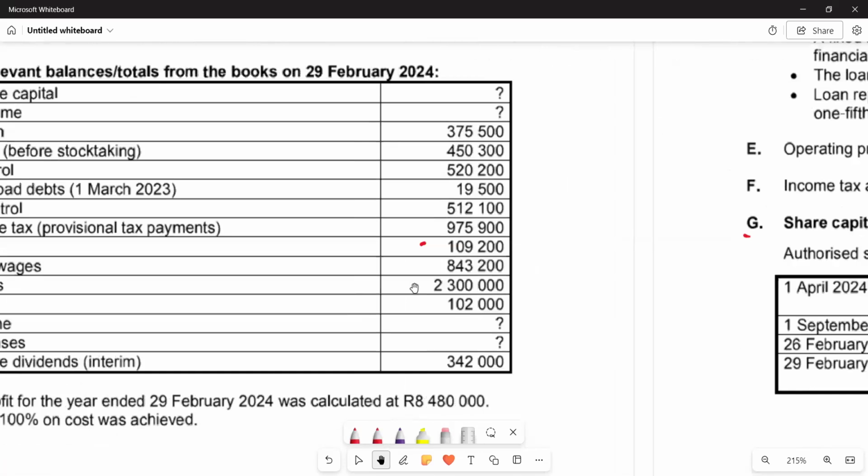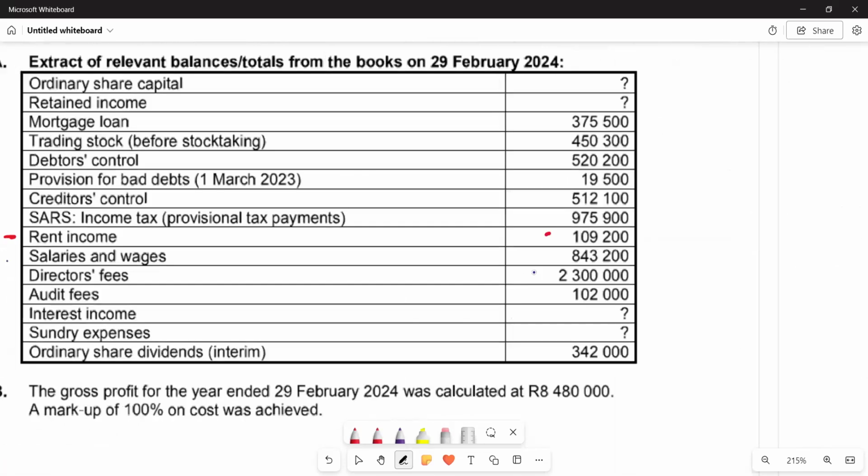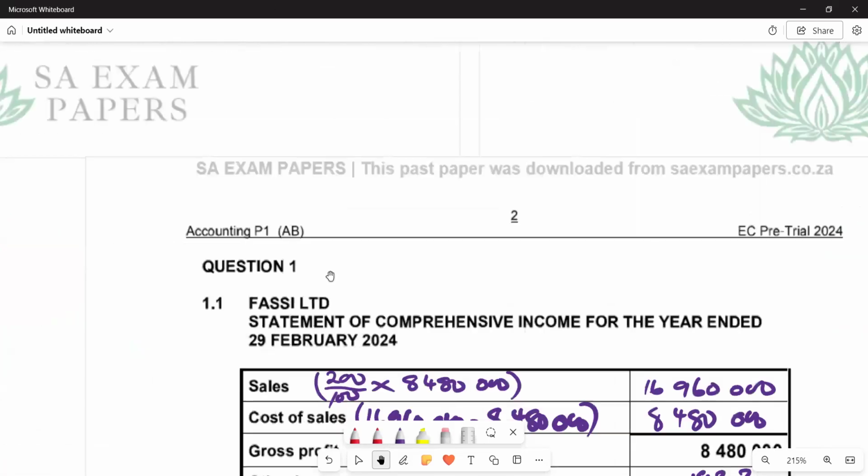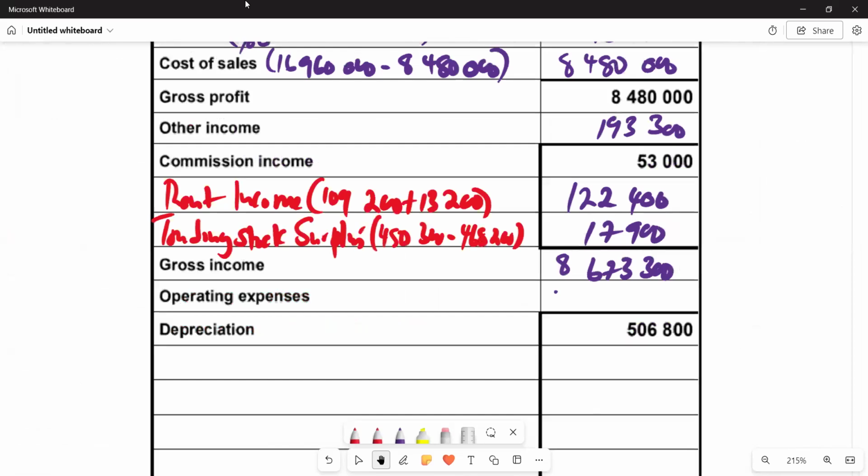So we can take the figure as it is, which is salaries and wages, 843,200, and transfer it to the income statement. So here we are saying salaries and wages, the figure that we have is 843,200.